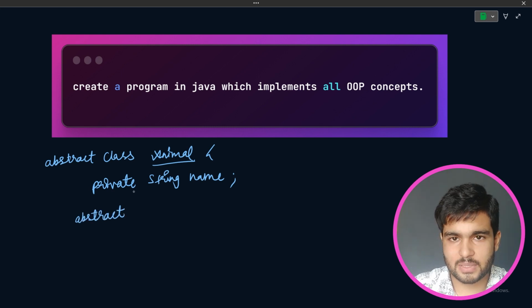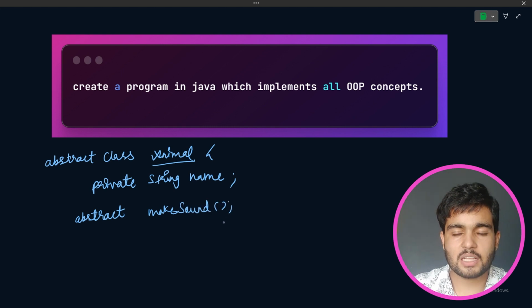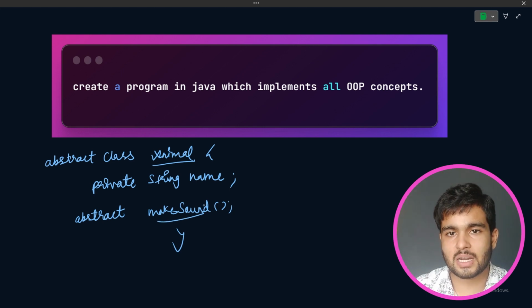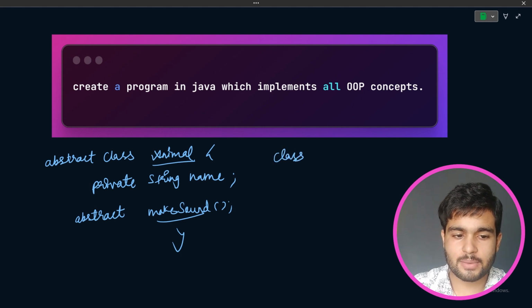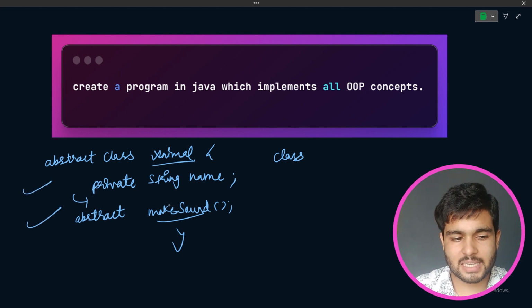We are creating an abstract function in this Animal class, let's say the makeSound function. Whichever class implements this Animal class must implement the makeSound function, otherwise it would not be considered an animal. Then we will create two to three more functions, and there could be more, but I'm just giving the basic structure of the program that we are going to create.